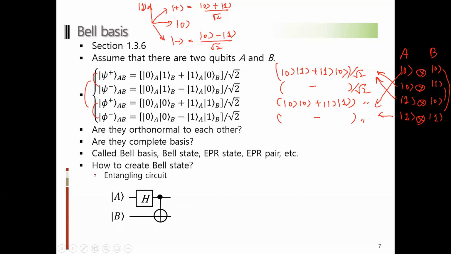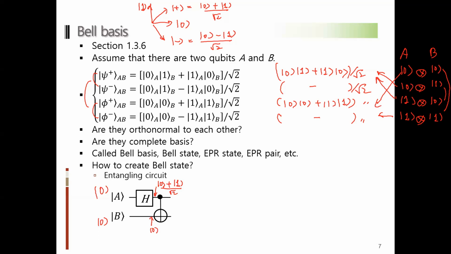For example, if I start with the zero state for the A qubit and zero state for the B qubit, then right after the Hadamard gate, the A qubit will become the sum of these two factors, but the B qubit will still be zero.